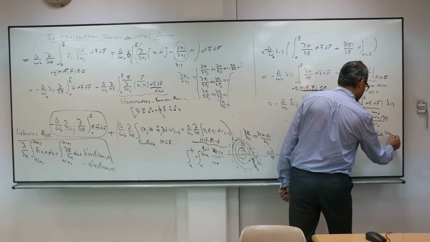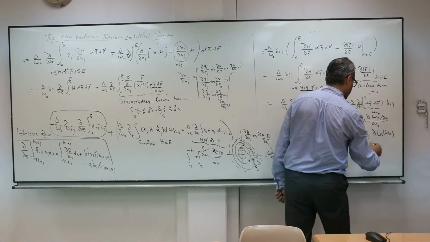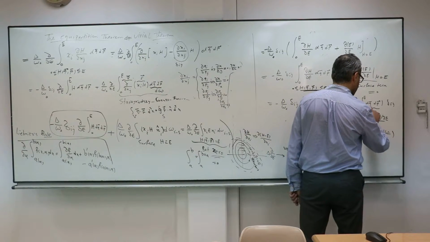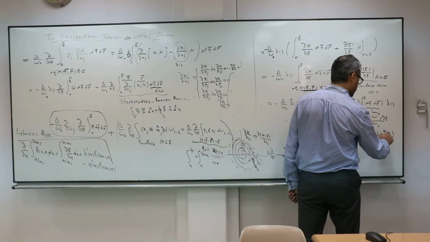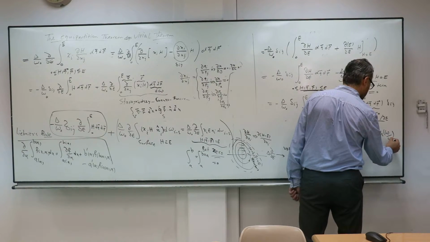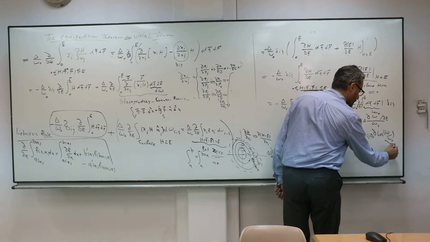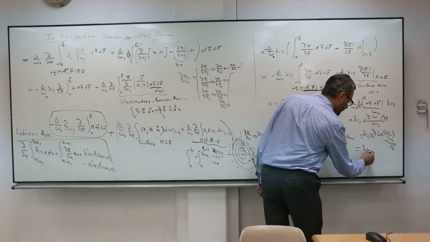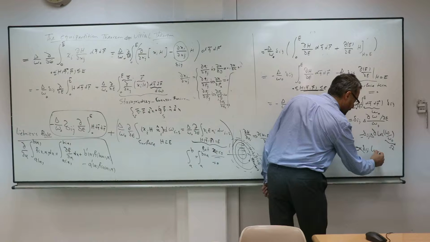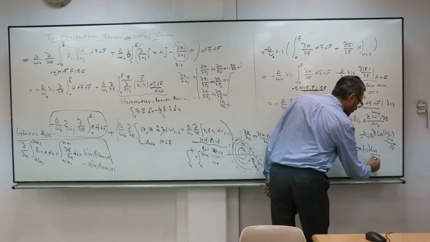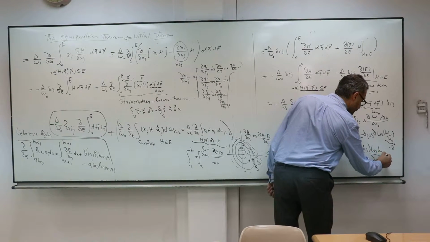Omega over omega 0, this is the total volume over omega 0, and you have one delta. This is actually the omega, so it will be delta ij proportional to the partial derivative of the E logarithm, ln omega.